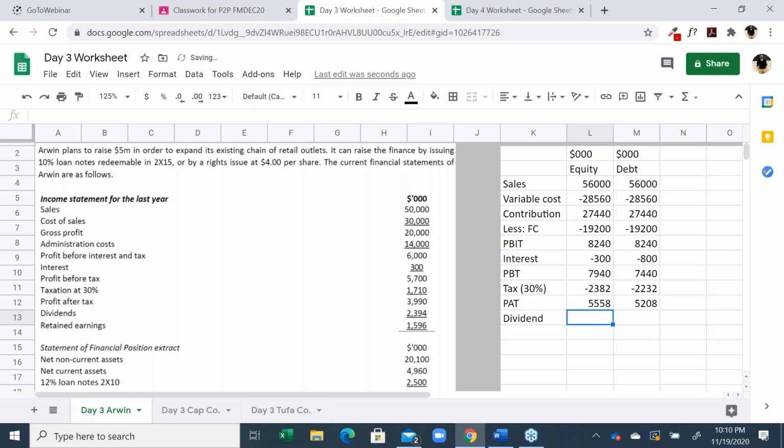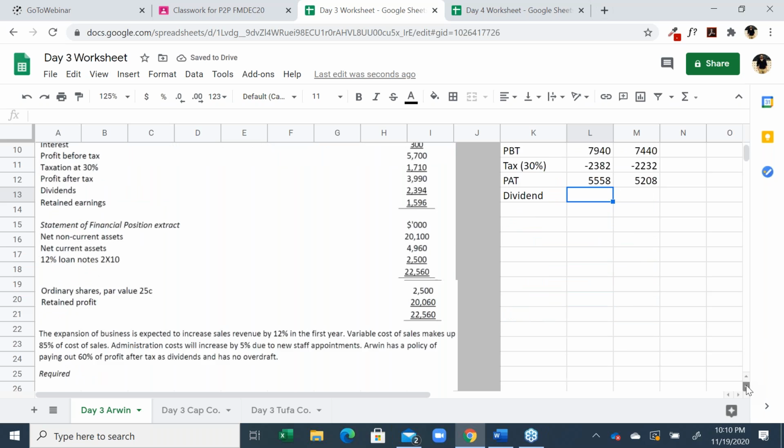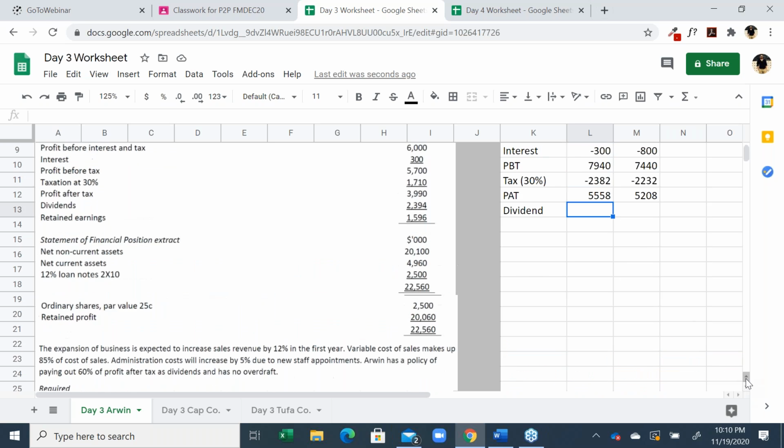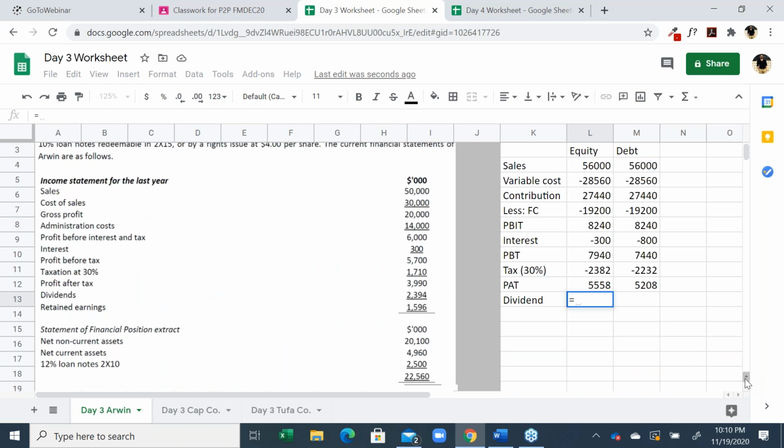How much dividend is the company paying? Do we have any dividend payout ratio? Yes, it's 60%. So the dividend payout ratio is 60% of the profit.